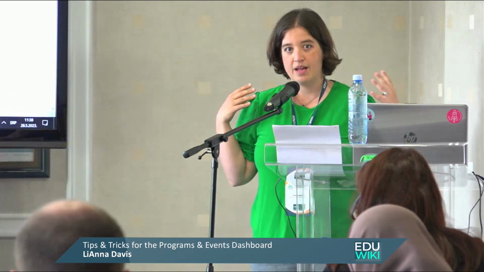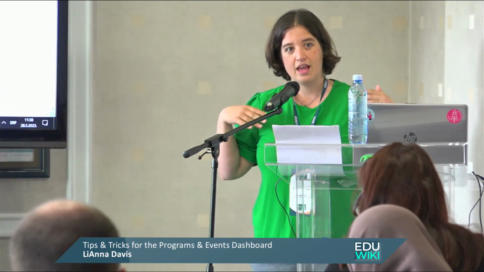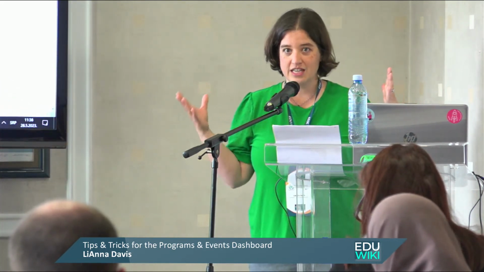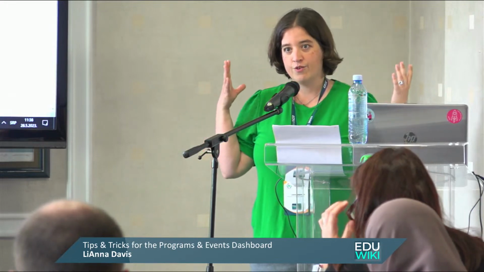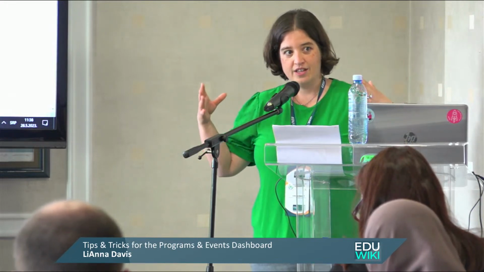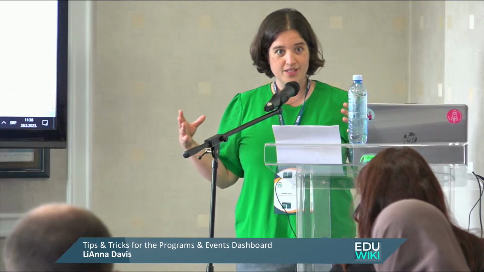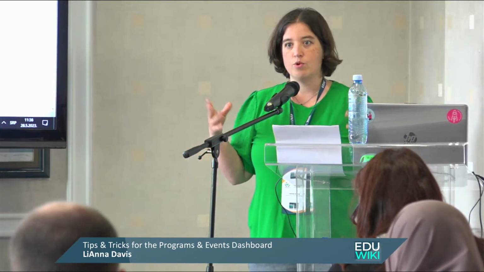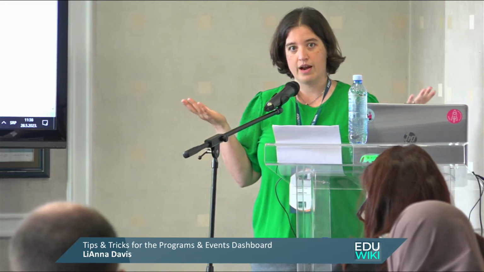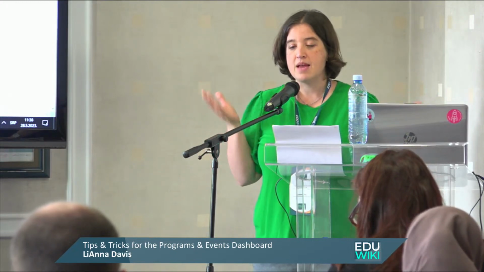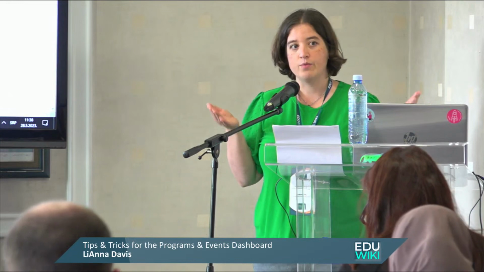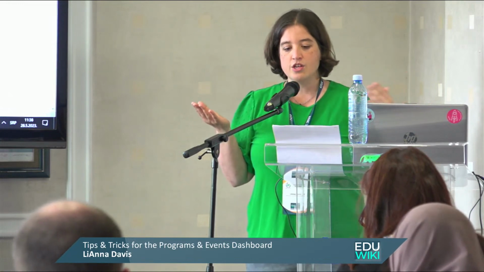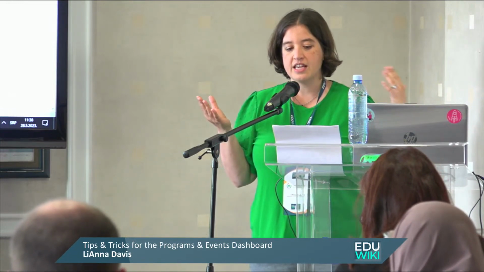So you might have a campaign for your affiliate, you might have a campaign for your affiliate in a particular year, you might have a campaign for your affiliate in a particular year and your education programs. And so each event or program or course for an education program can be added to as many campaigns as you want. And when you create the campaign, you set it for a particular year.